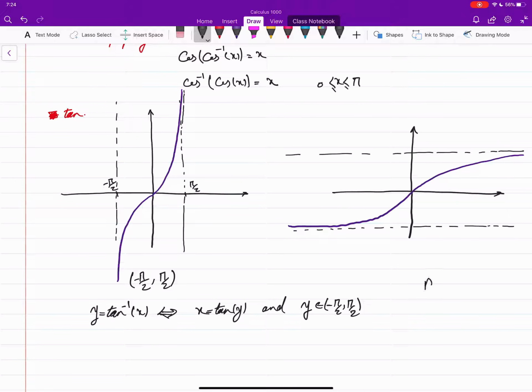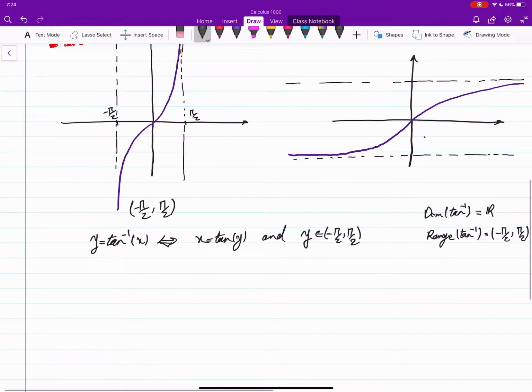The domain of tan inverse, as you can see from the graph, is the whole real line. The range, however, is the open interval negative pi over 2 to pi over 2.